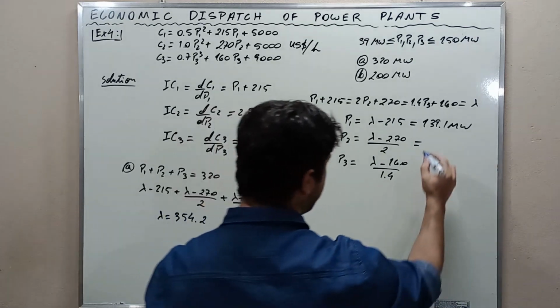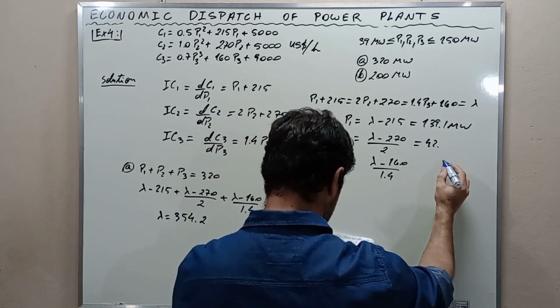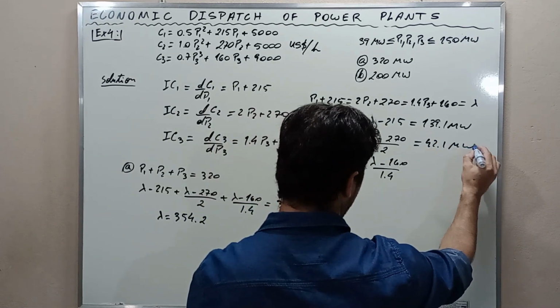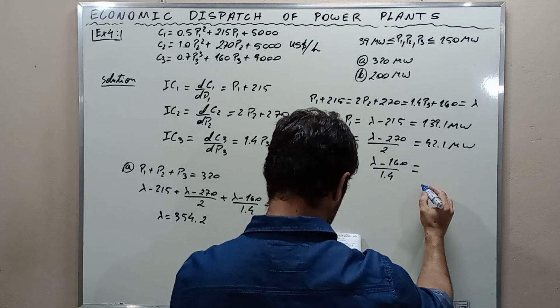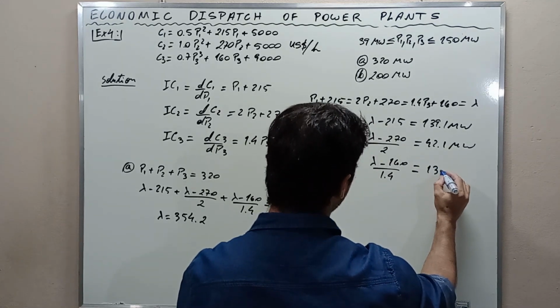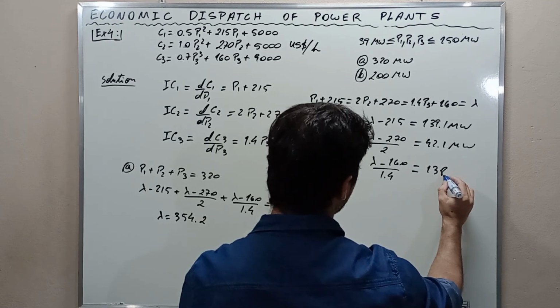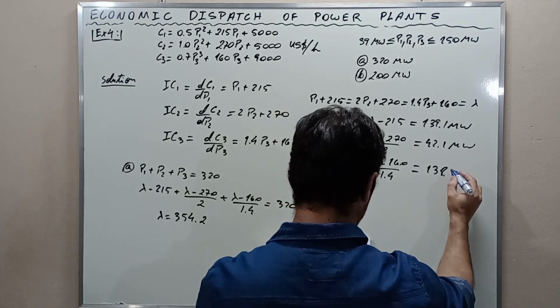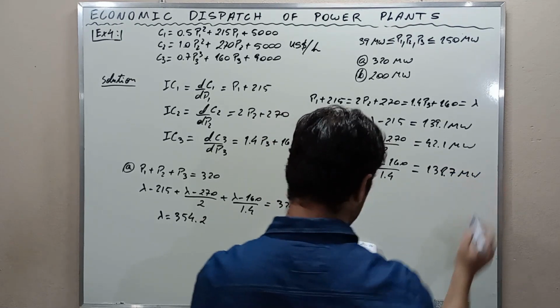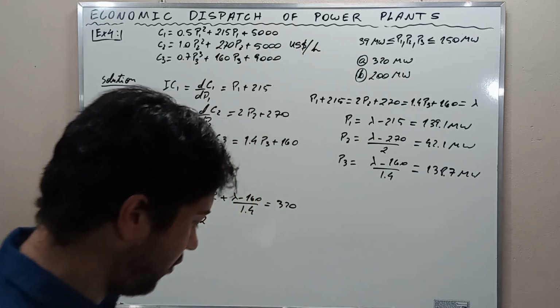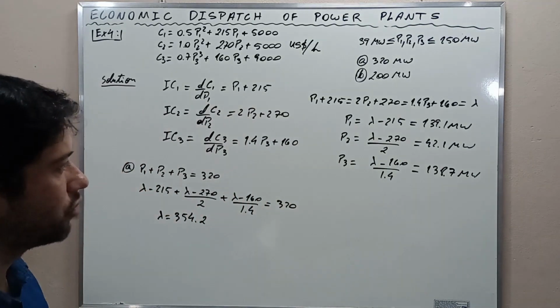P2 is 42.1 megawatts, and P3 138.7 megawatts. These are the values for economic dispatch.